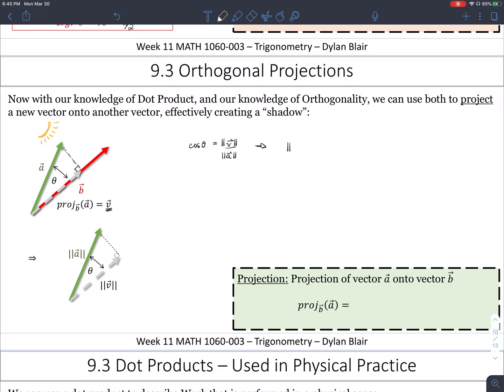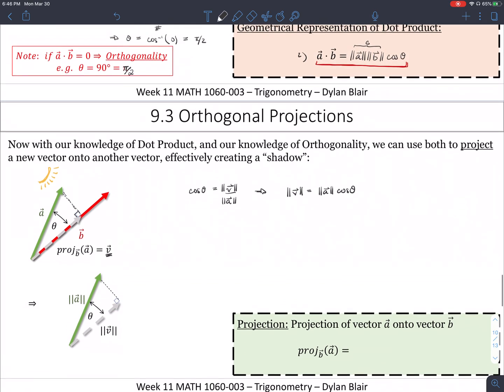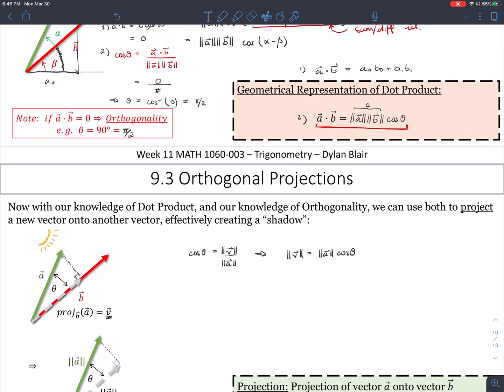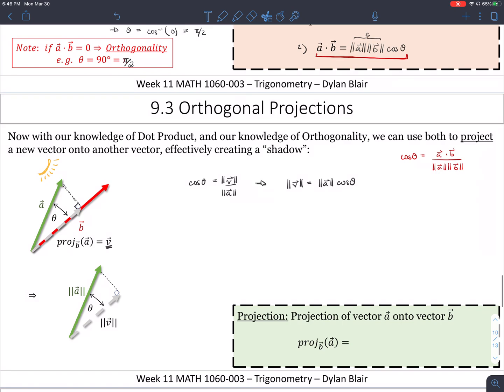So then we can say that V, by multiplying by the magnitude of A, is equal to the magnitude of A multiplied by cosine of theta. Okay, now we've already found what cosine of theta is. I'm going to scroll up slightly just to get a copy of this. So we've already said that cosine of theta is equal to A dot B over the magnitude of A times the magnitude of B. Okay, and B and V are both pointing in the exact same direction, so this has the exact same relationship.